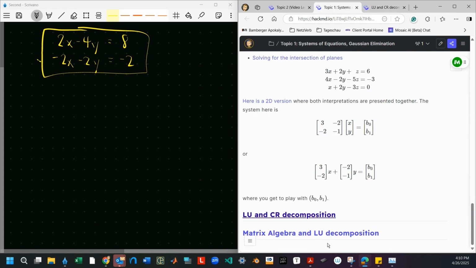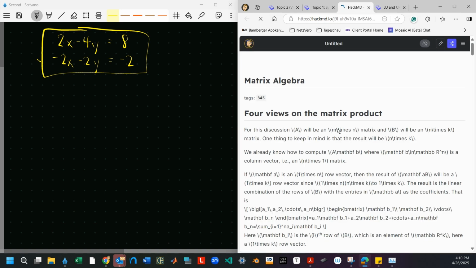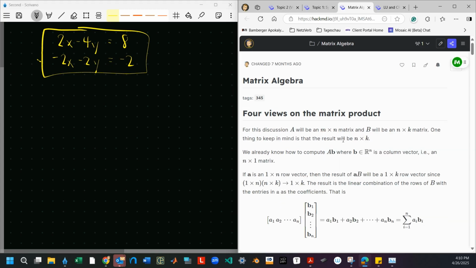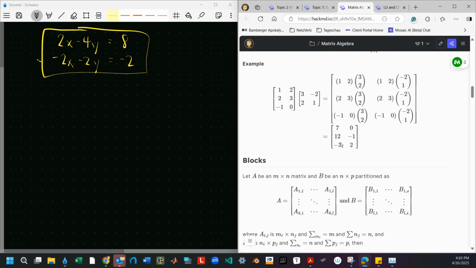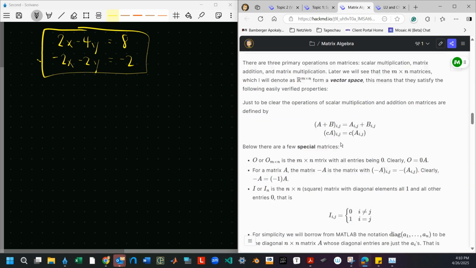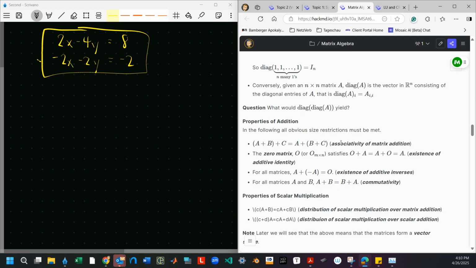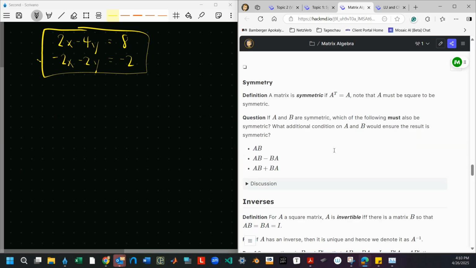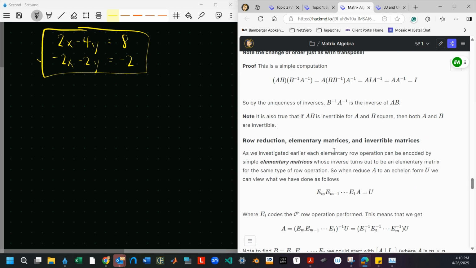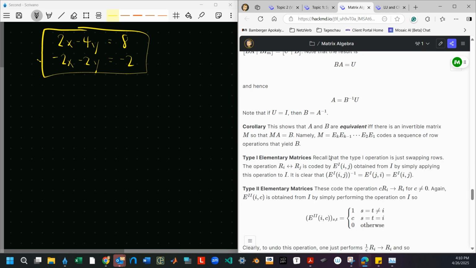Let me look one more place. I want to get the same order, but I just have to. Here, elementary matrices.